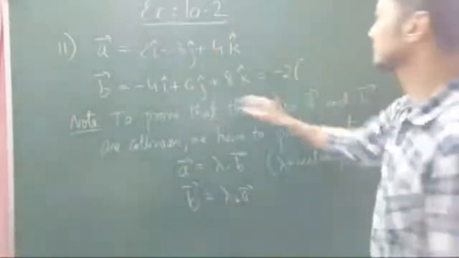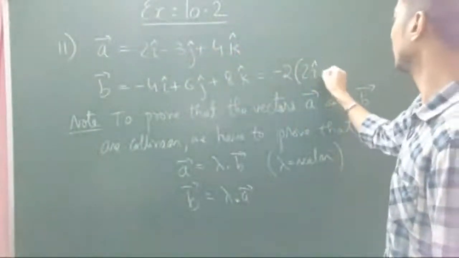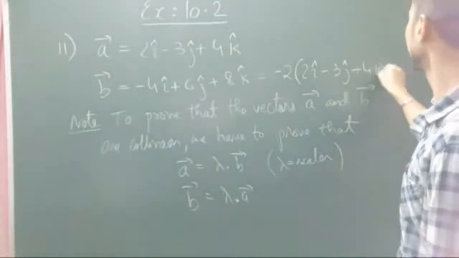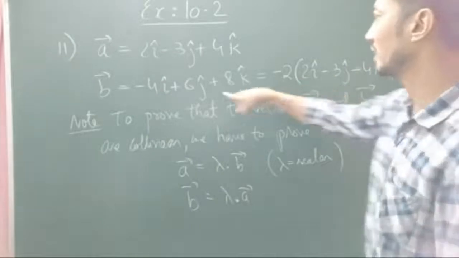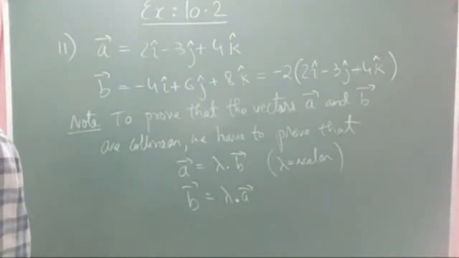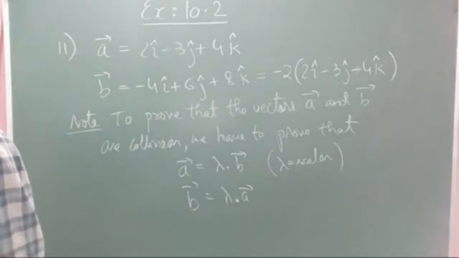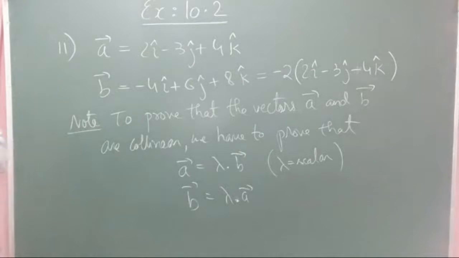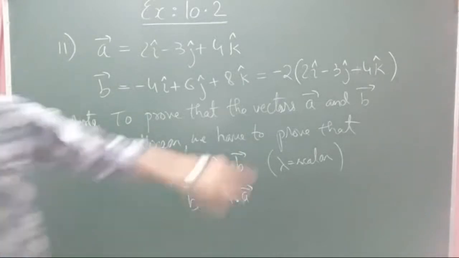Now if you look carefully here, if I take minus 2 common, then I'll have 2i minus 3j minus 4k. Are these two vectors the same? This should be minus 8k.